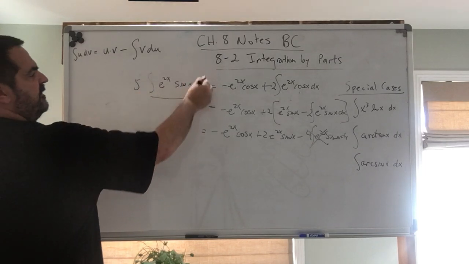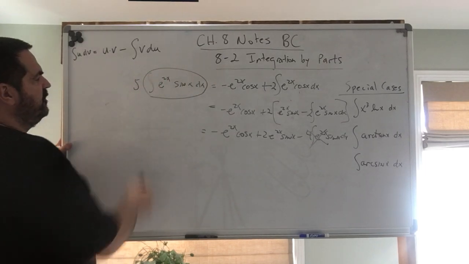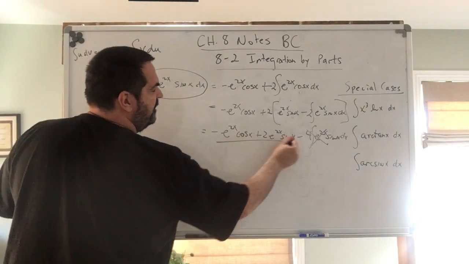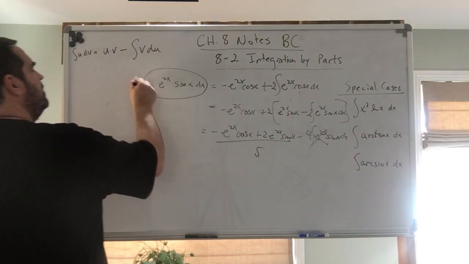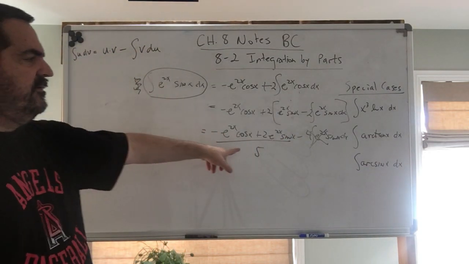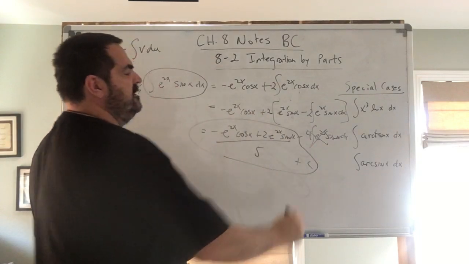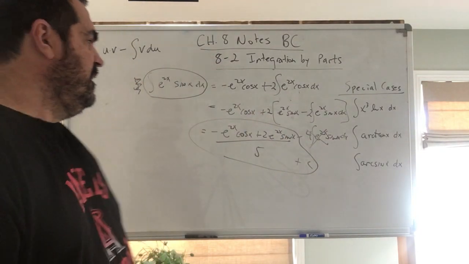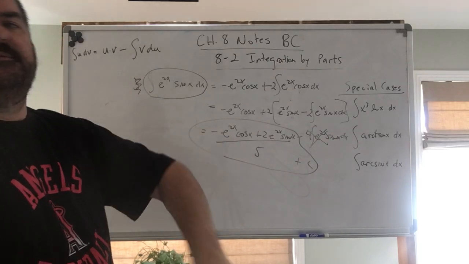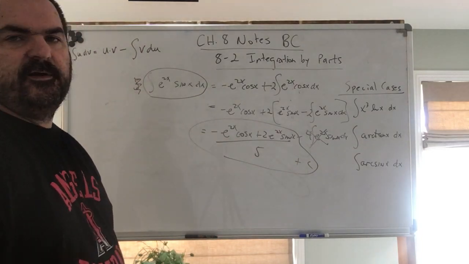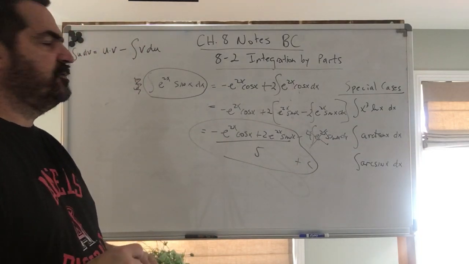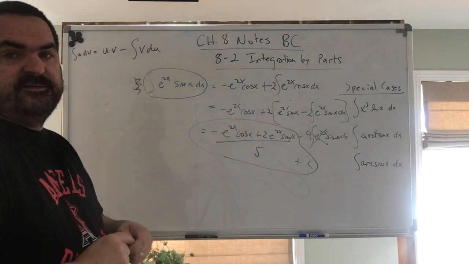Then, to solve for this, because that was the original question, we can divide by 5. I can divide, and then I now know that this, and then I'll put my little plus C. And that's integration by parts. So you just got to do it twice, add it over, all right? And that's our last location. I've not seen that on a test yet, okay?